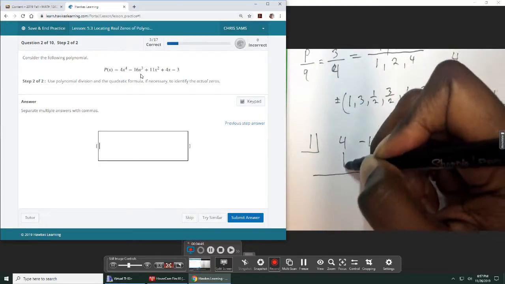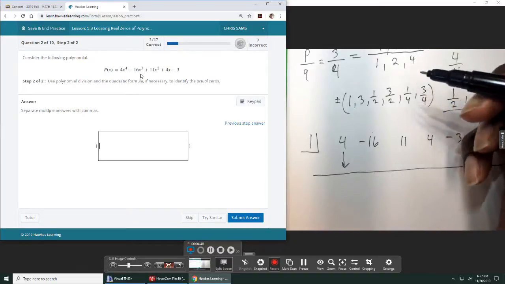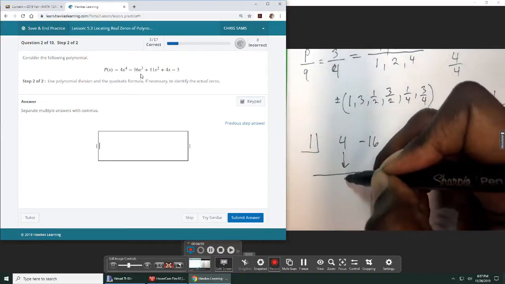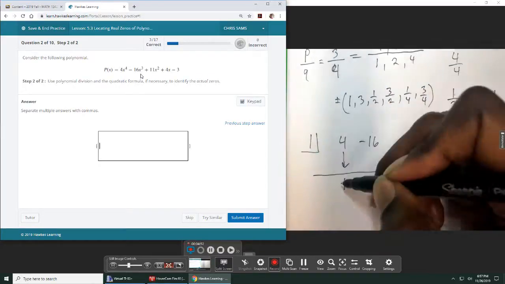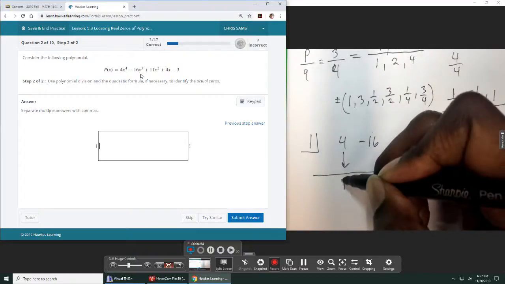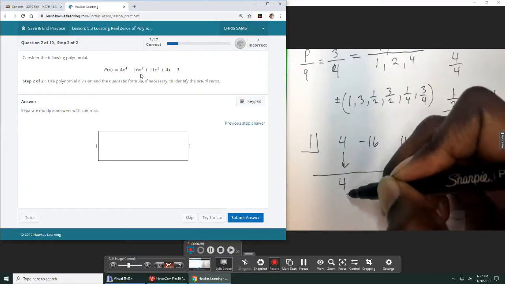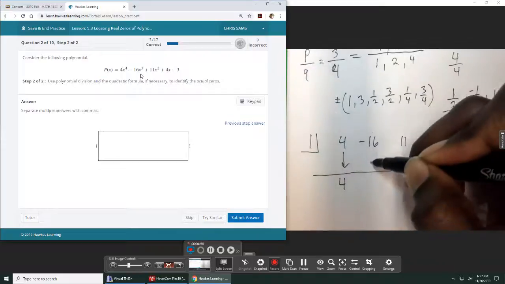Bring your first number straight down. Sorry, what am I doing? Bring 4 straight down. 1 times 4 is 4.